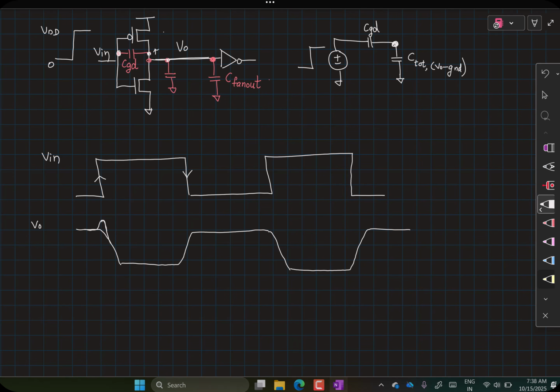Similarly, when you have a falling edge here, you will see an undershoot here and then it will kick in. So your actual waveforms, if you were to simulate this, are going to look like this. For every rising and falling edge at the input, you'll see a small spike and then it falls down.